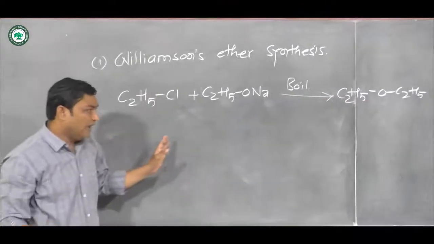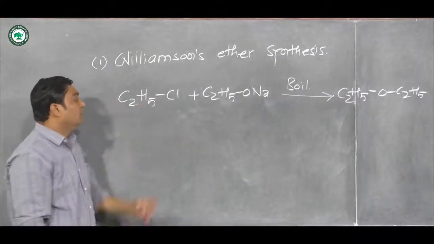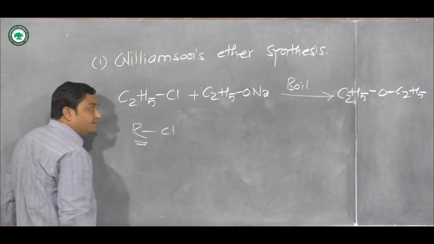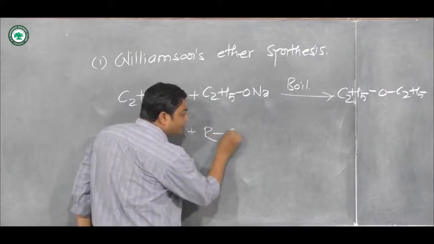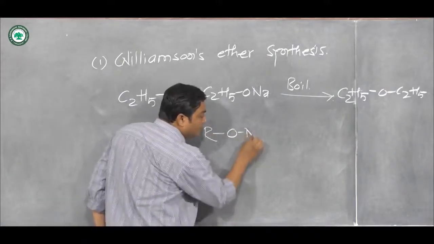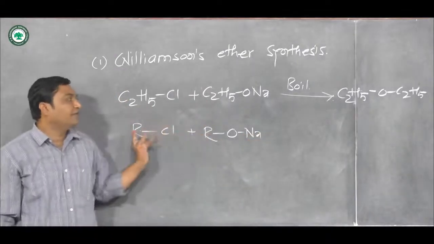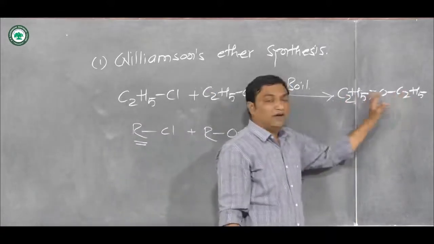Now, I have already told you that when we use this alkyl group and the alkyl group from this alkoxide ion, if both these groups are the same, we will obtain symmetrical ether as a product.